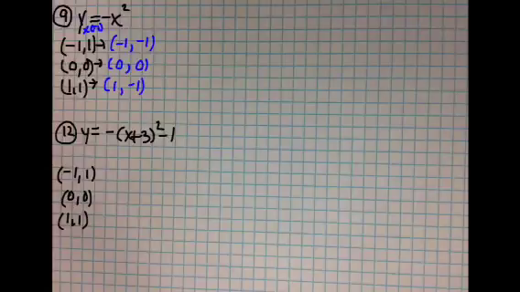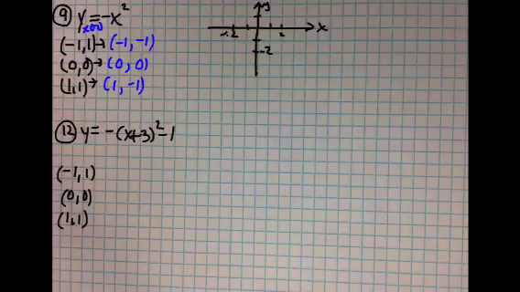So now we're going to graph. So we have -1, -1, 0, 0, and 1, -1. So compared to the parent function y equals x squared, whoops, should be a little bit curvier there. The shape is the same.